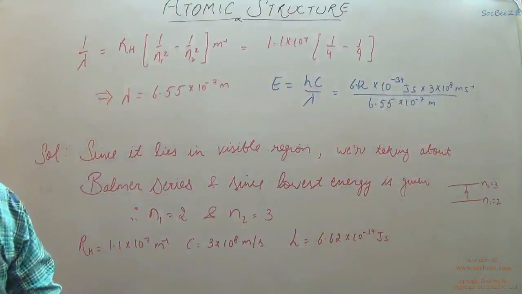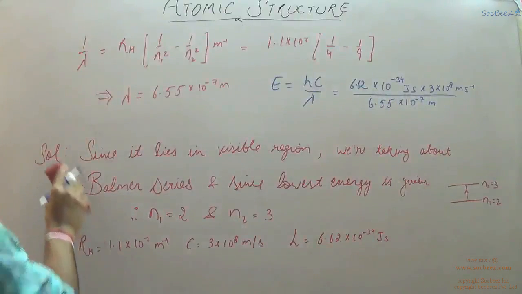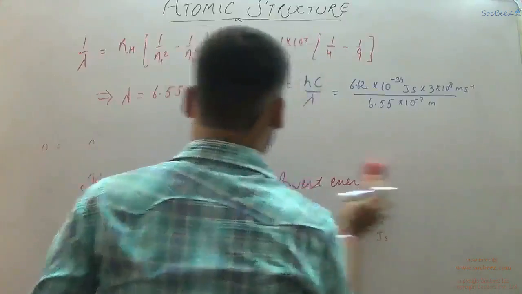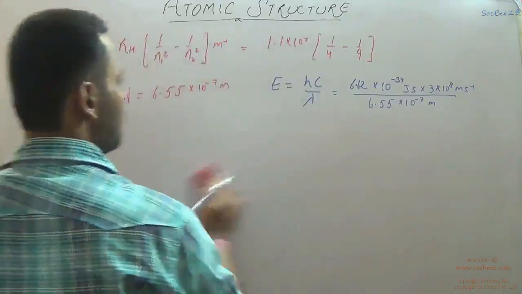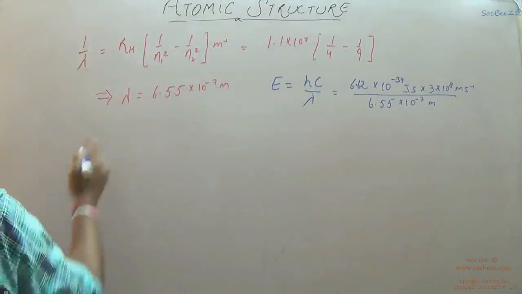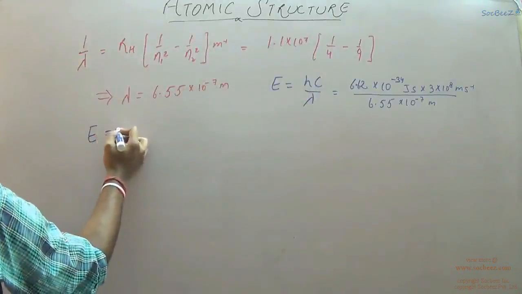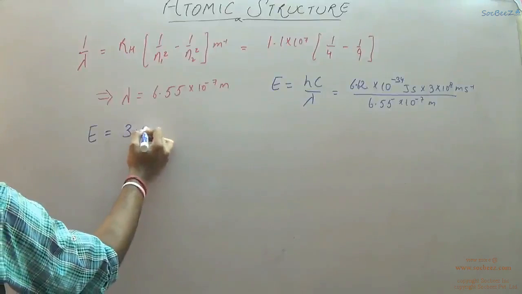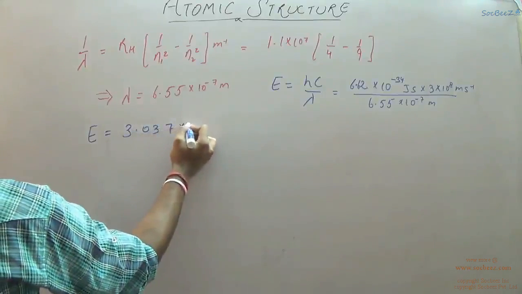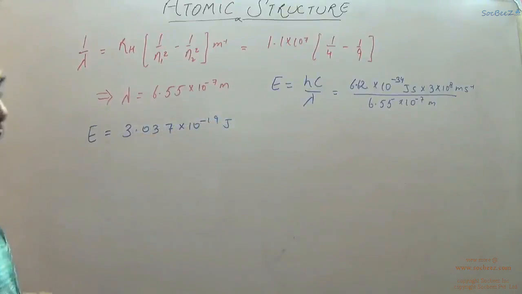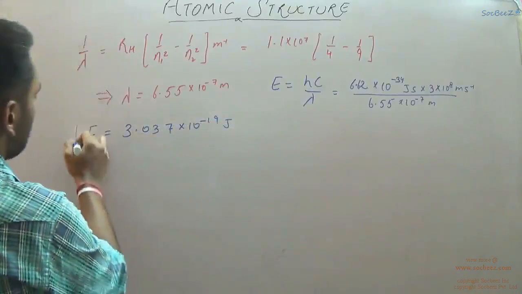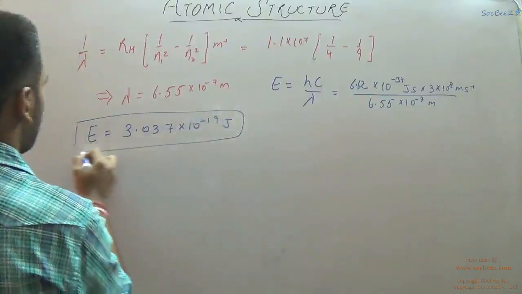If we solve it completely, the value of energy which comes is 3.037 into 10 raised to the power minus 19 joule. This is the value of energy calculated here.